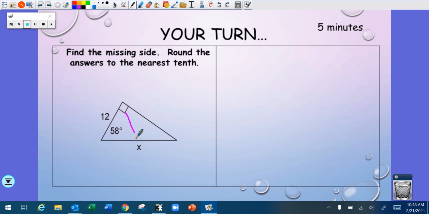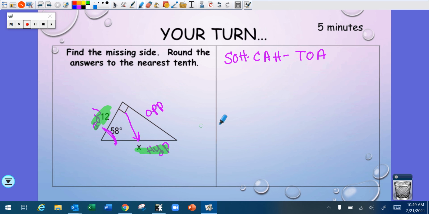Okay, so here, this is my hypotenuse, and I can't use Pythagoras theorem because I only know one side. I do know this is my angle, so this is the adjacent side, and this over here that my mark doesn't touch is the opposite side. So I'm going to need SOH CAH TOA to help me out. So here I have adjacent over hypotenuse.